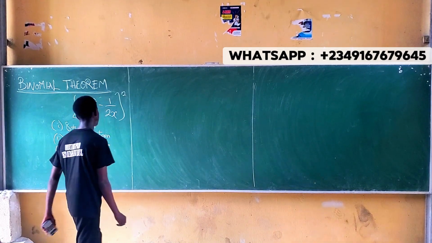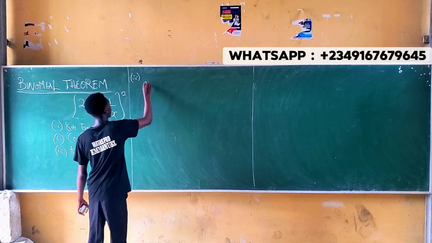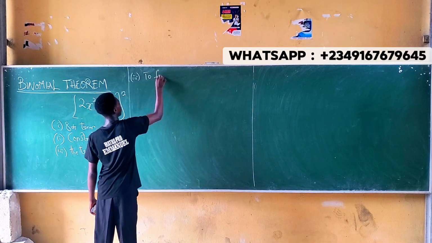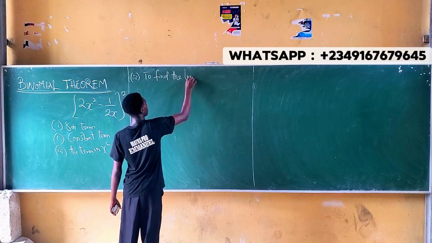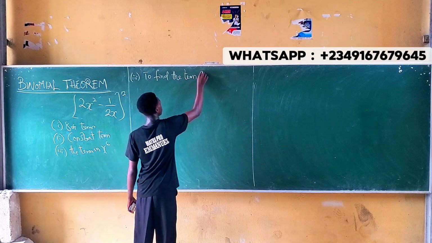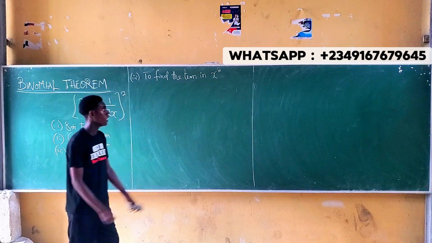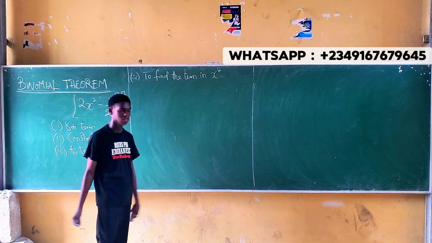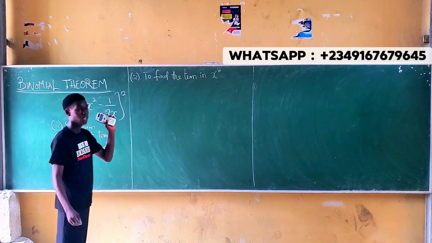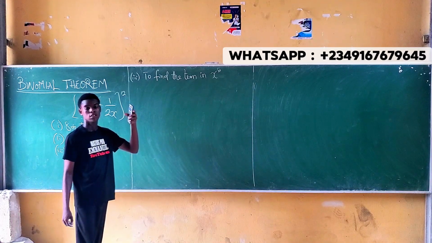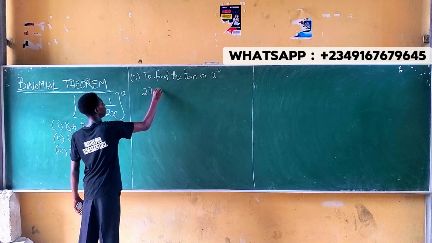All right, now let's get the final one, that is the third. To find the term in x raised to the power of 6, that means we have to find the coefficient of x raised to the power of 6. Like I said before, we have already solved the index of x, which is 27 minus 3k.